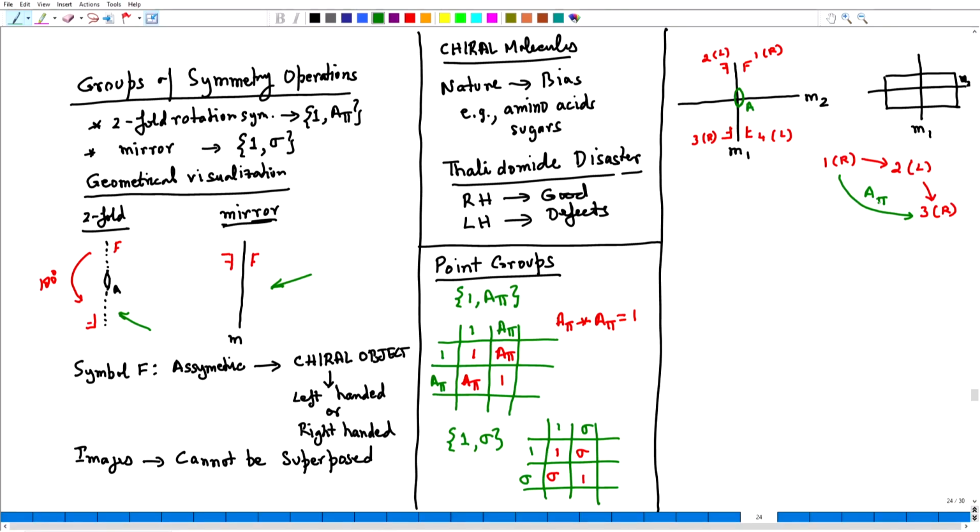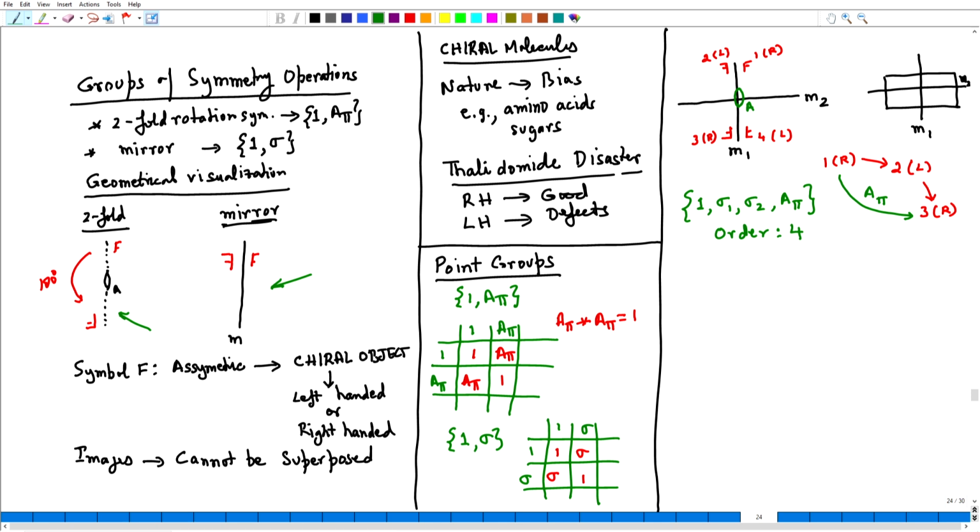Therefore, A pi will also become a member of this group, and hence this group will have the identity operation, sigma 1 reflection from mirror 1, sigma 2 reflection operation from mirror 2, and a fourth one, A pi, a total of 4 individual symmetry operations present. So this is a group, first of all, of order 4.